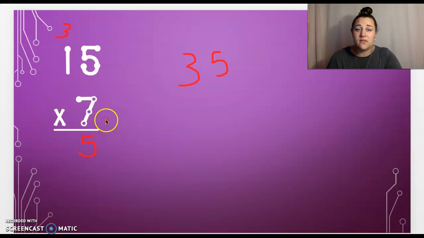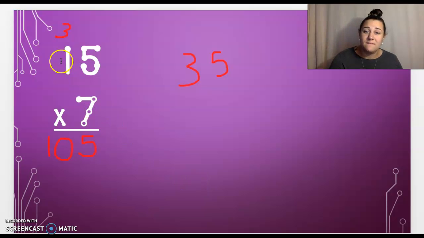So 1 times 7 is going to equal 7. But I'm not done because I have a 3 up here. So I have to add 3 to my 7. So I have 7, and then I have 8, 9, 10. Well, I don't have any other digits here, so I have enough room to put my 2 digits down here. So I can put a 10 there. So now I have 15 times 7 equals 105.